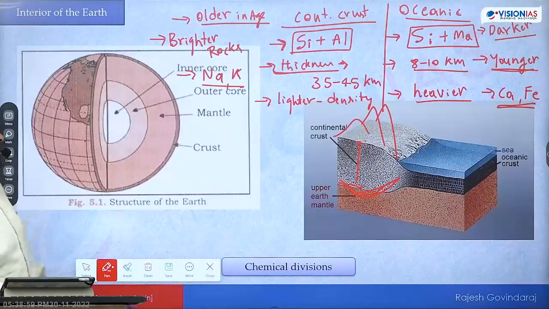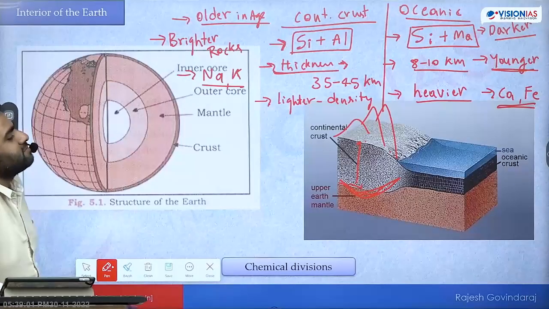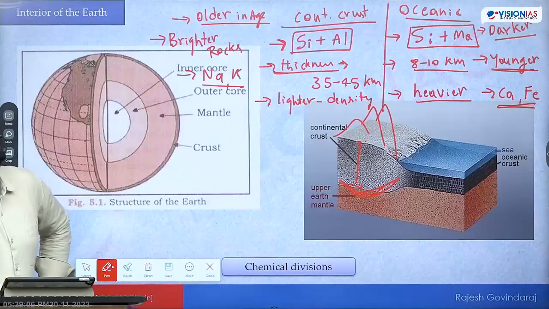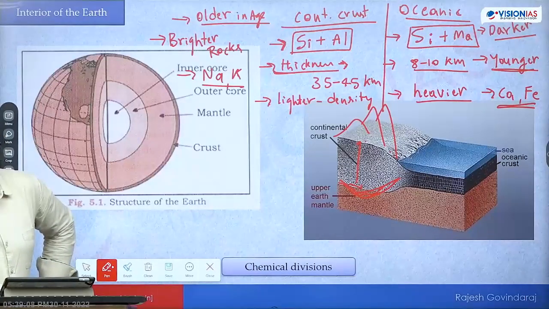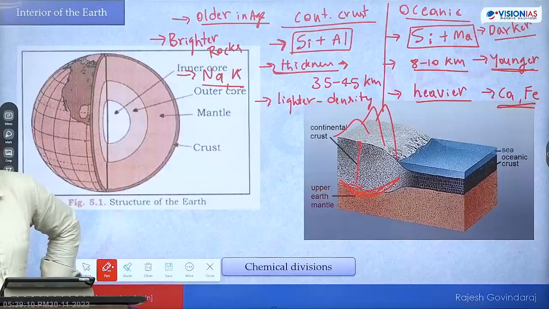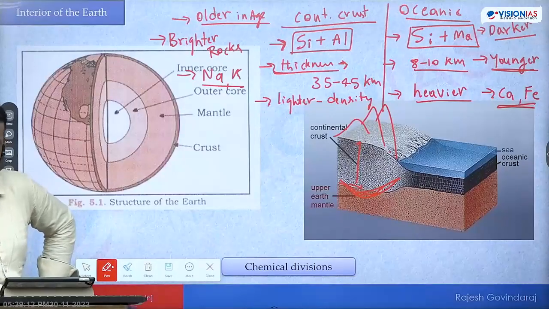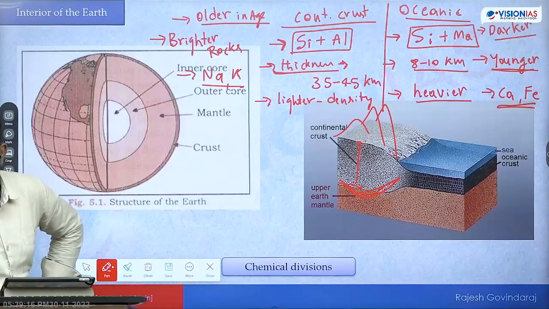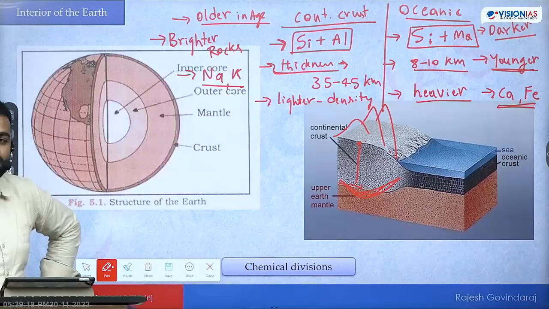How do we know this? Using various different sources. We have earthquake waves. We know the behavior of earthquake waves: how much speed it will travel at, what the direction is.